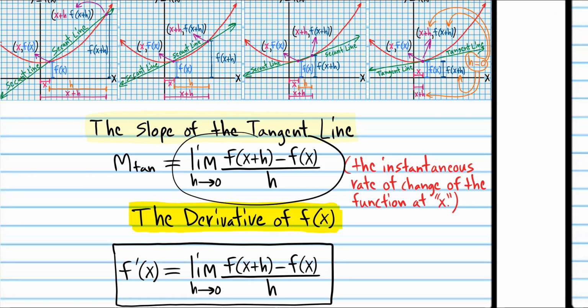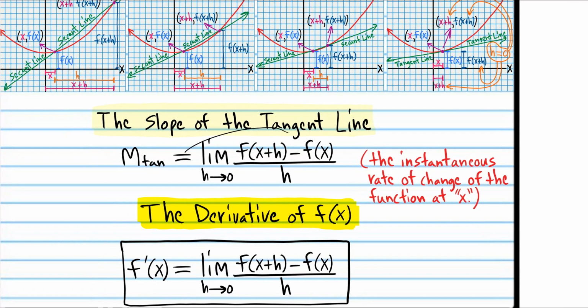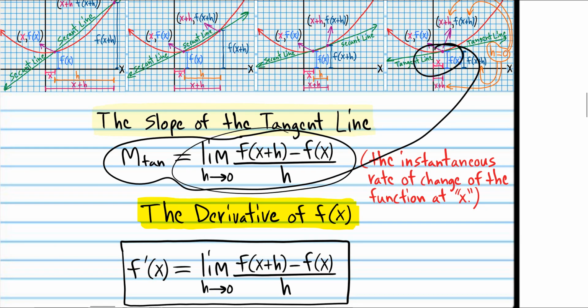So this is very fancy notation that simply means we're finding that number that the slope of the secant line is approaching as the purple dots get closer and closer together. And this expression here is the slope of the tangent line. That's what we're looking for.